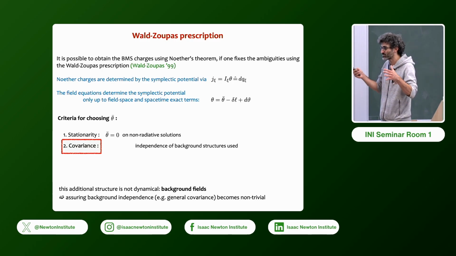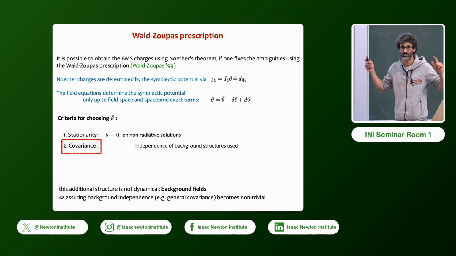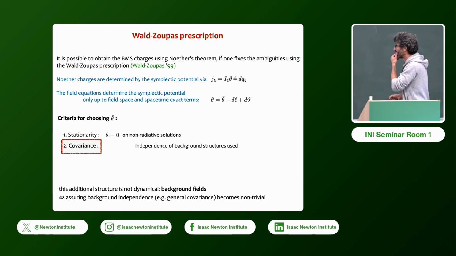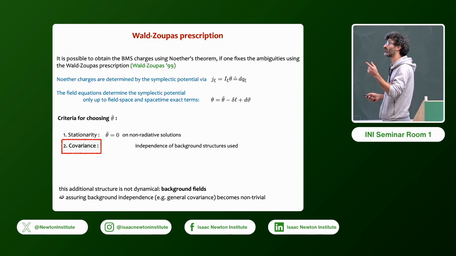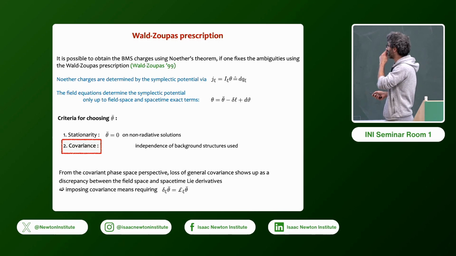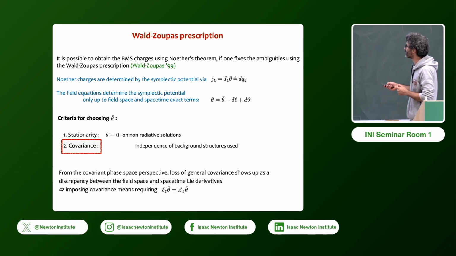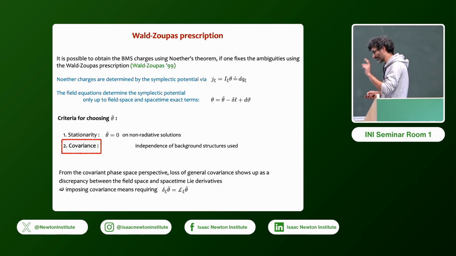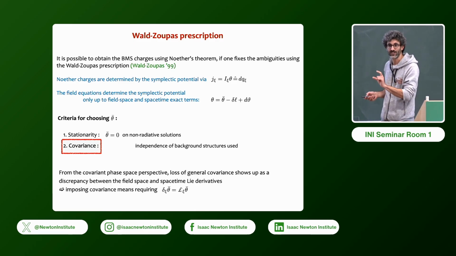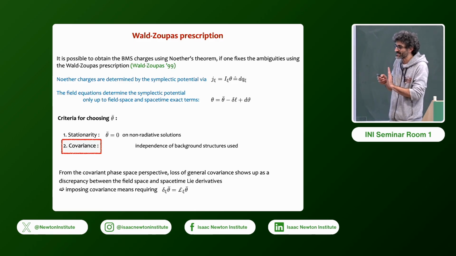No, it's not trivial because we're doing GR with boundaries and boundary conditions or universal structures. And in fact, it's easy to see using the covariant phase space formalism that loss of covariance means that the field space and the spacetime Lie derivatives don't match anymore. Because on dynamical fields, by definition, these two transformations are the same.